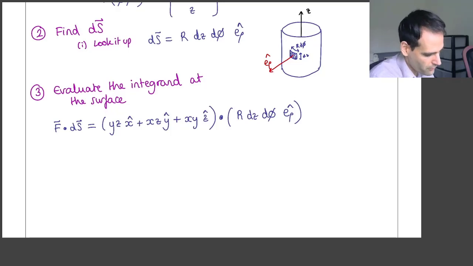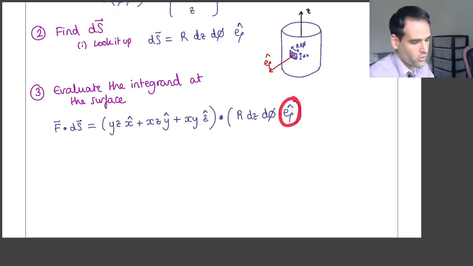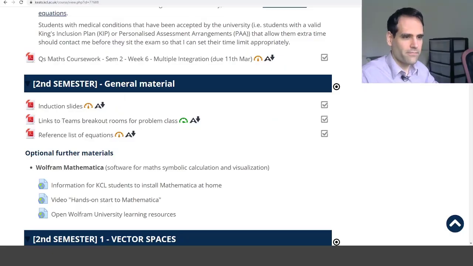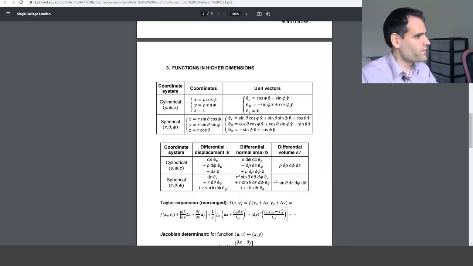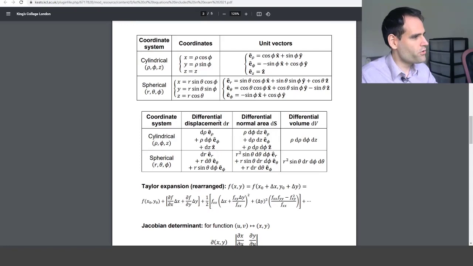So what we can do is we can write the e rho hat unit vector in rectangular basis. In order to do this, this is an equation that is given to you in the exam, all of the unit vectors. I have it in the reference list of equations, and this is also given in the exams. So you have this table. Not only do you have the differential ones that we were using before, but you also have the unit vectors for cylindrical and spherical coordinates.